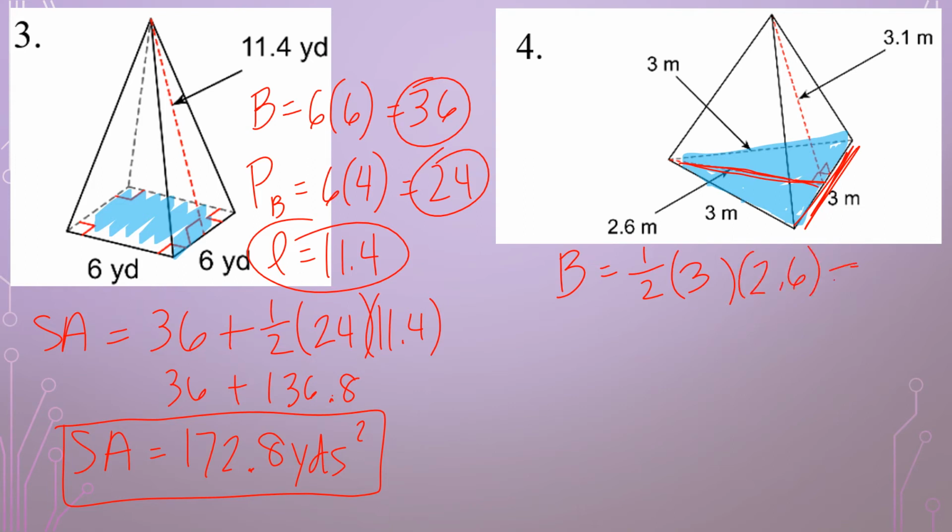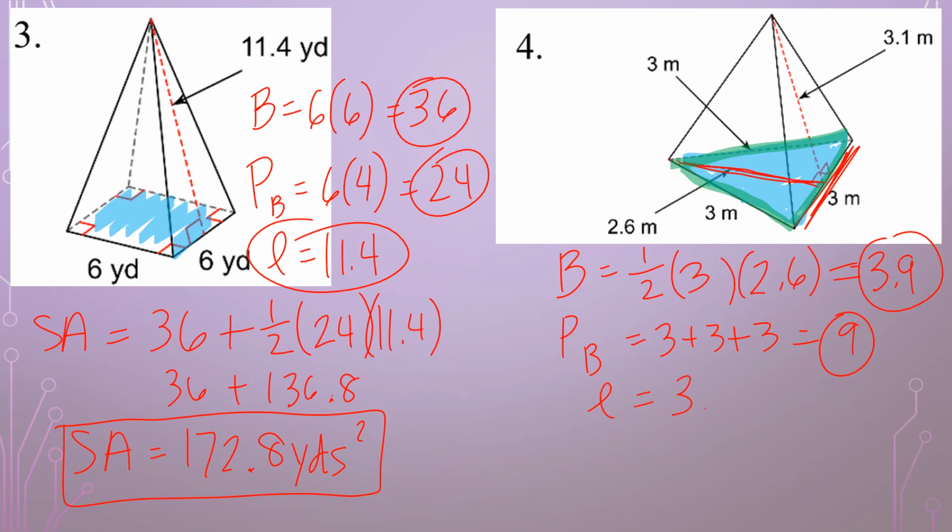Multiply those all together, and you get 3.9. The perimeter of the base, all we're doing is adding up those 3 sides, so 3 plus 3 plus 3 would be 9. And then the slant height is the only other thing that's there, which is 3.1.